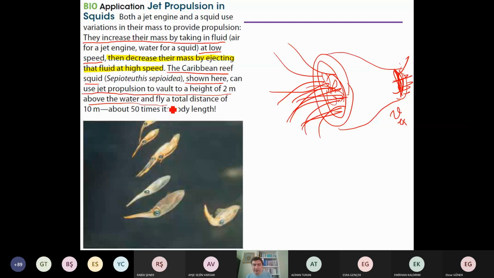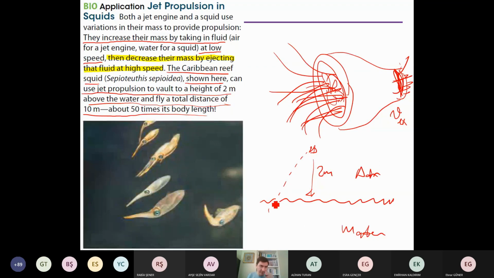As much as I remember, this is the water and this is the air, and they can jump up to 2 meters height, and they can travel, let's say, 10 meters. This is the total distance. Okay, this is the bio application of jet propulsion in squids.